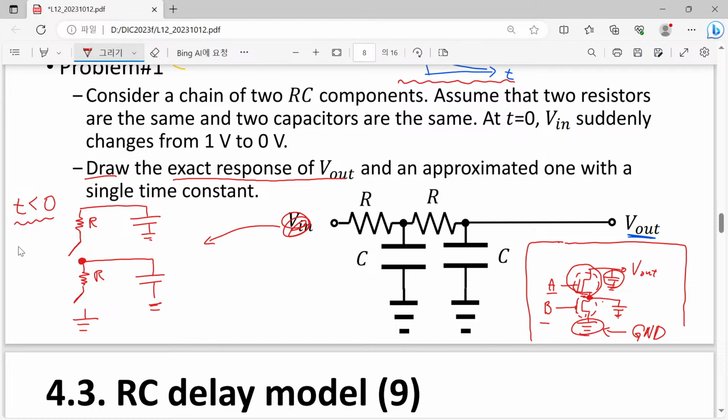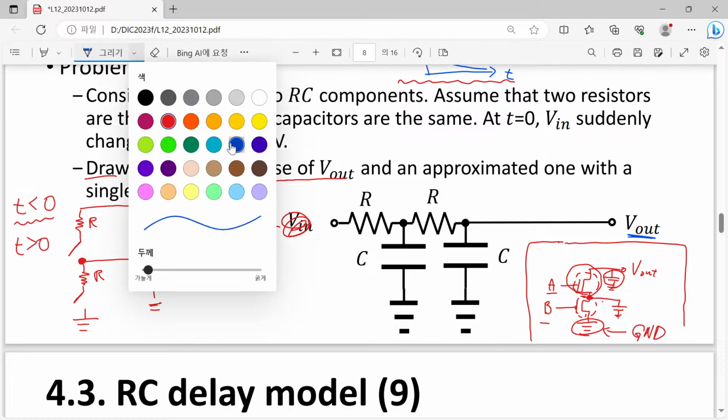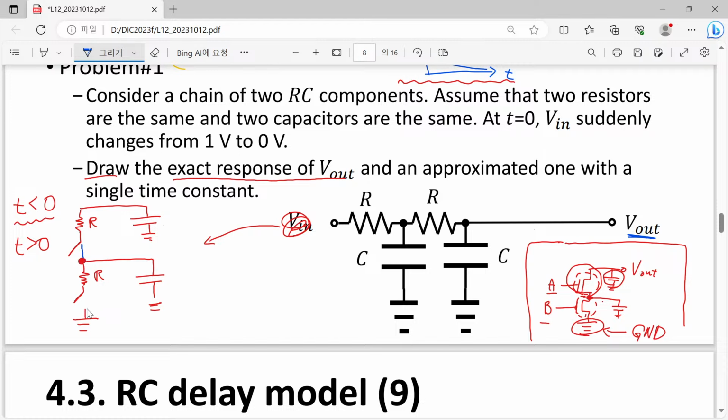After that, when t is larger than 0, due to the change of voltages A and B, now we have connected lines. That's the reason why this behavior can be well approximated as a sudden decrease of voltage.